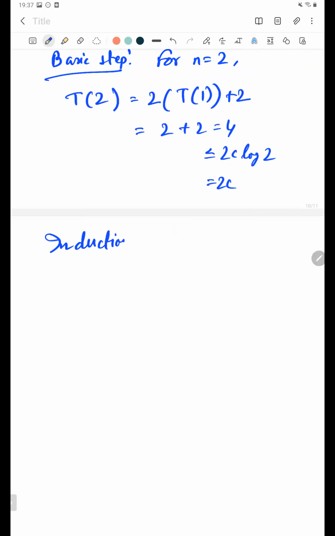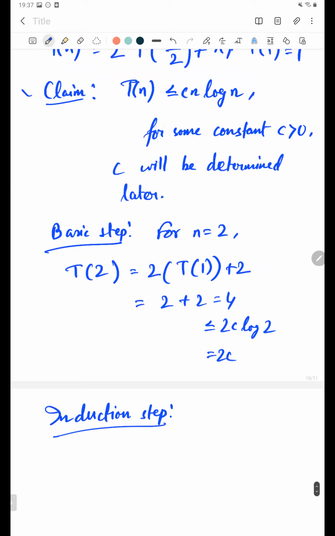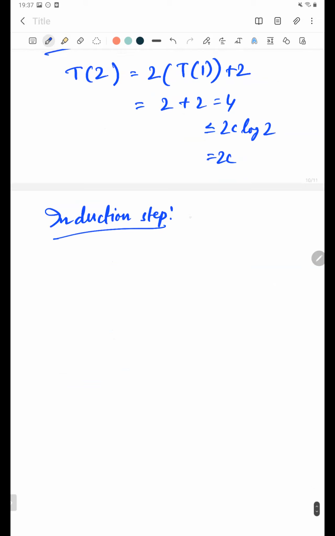Now, let's look at the induction step. So let us assume that our claim, the claim that we have here, be true for all k less than n.